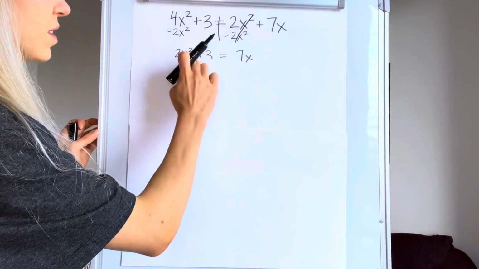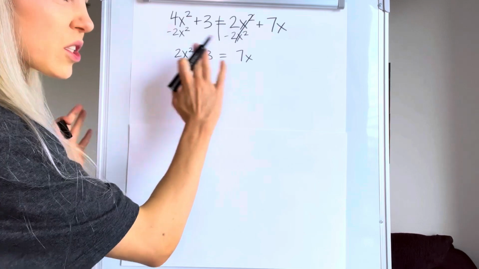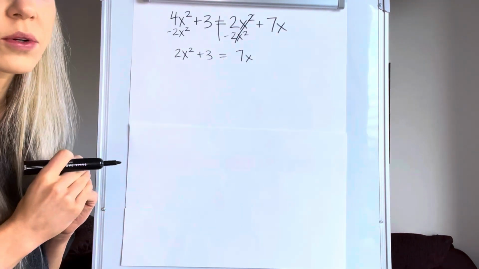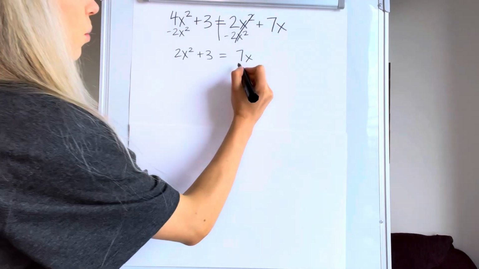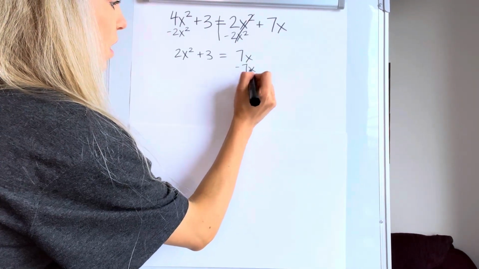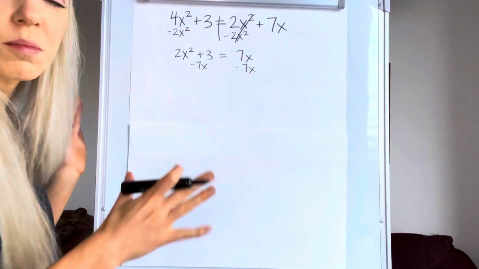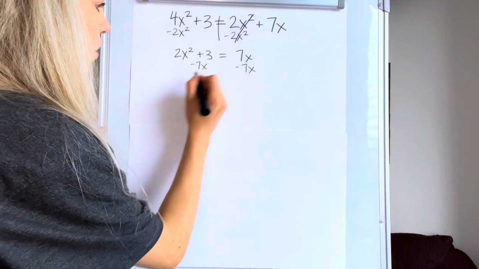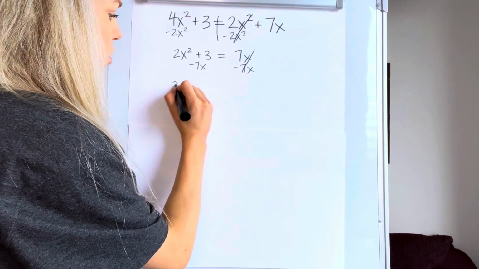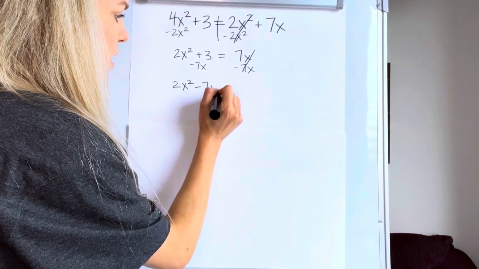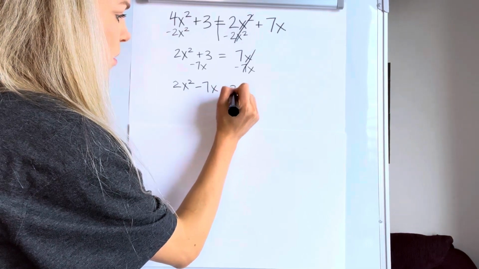We need to move the 7x over, but there's no other x term to combine it with. X squareds and x's can't be combined. They're not like terms. So when we subtract the 7x, we're going to put it right in between the terms, but not combine anything. That leaves us with 2x squared minus 7x plus 3.